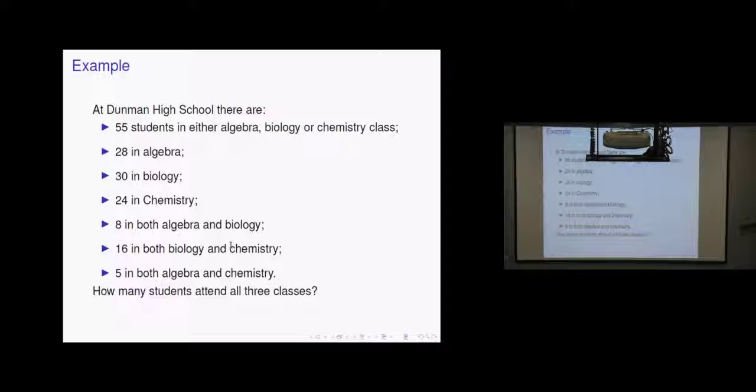And the numbers are like this: 28 in A, 30 in B, 24 in C, 8 in the intersection of A and B, 16 in the intersection of B and C, and 5 in the intersection of A and C. Now the question for you is how many students are attending all 3 classes? In other words, what is the size of the intersection of A, B, and C?